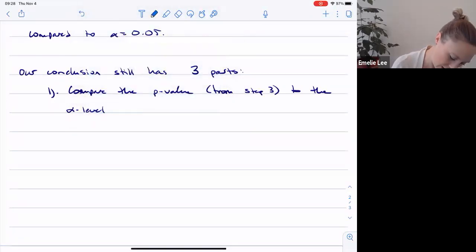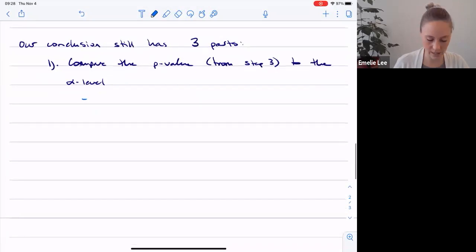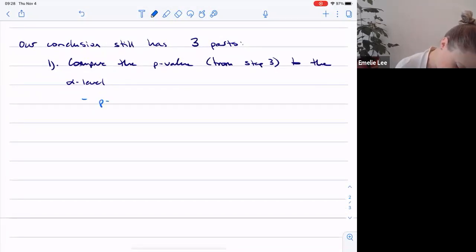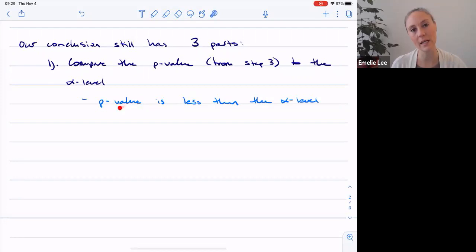And here you have two options. The p-value is less than the alpha level. And you'd want to back it up with the values, because sometimes you might catch yourself saying something that doesn't make sense, something like, since 0.064 is less than 0.05, no, that's not true, right?